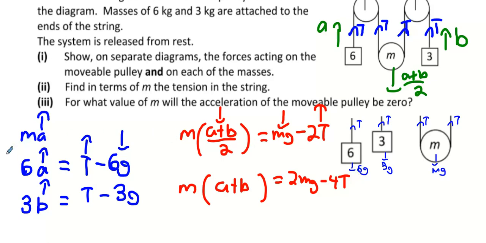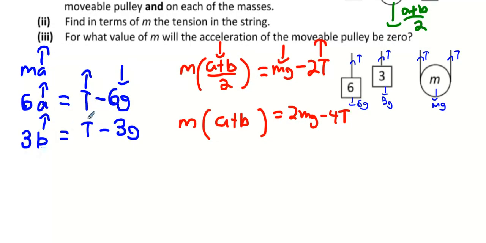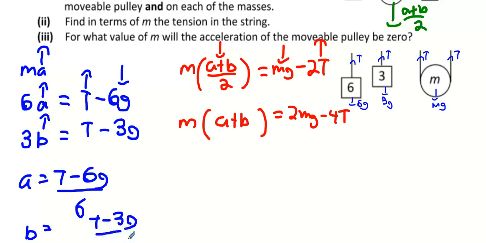Now here's what I'm thinking. What I'm thinking of doing is getting A on its own. So how do we get A on its own? Put the 6 underneath, yeah? How do we get B on its own? Put the 3 under, is it? So T minus 3G all over 3.